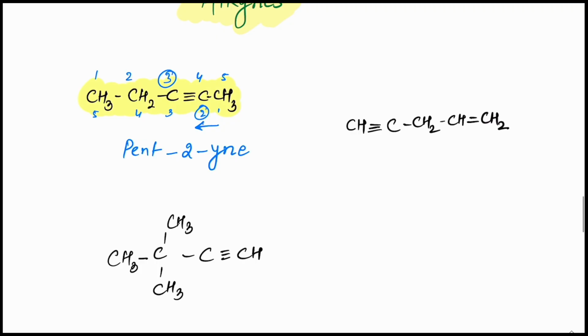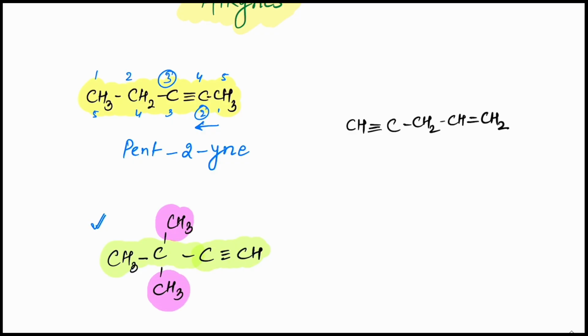Okay, look at this example. There is a triple bond here and also substituents are present. So identify the parent chain. The parent chain is this, because we want to keep the carbon-carbon triple bond in the parent chain. Then we have 2 methyl groups as substituents.